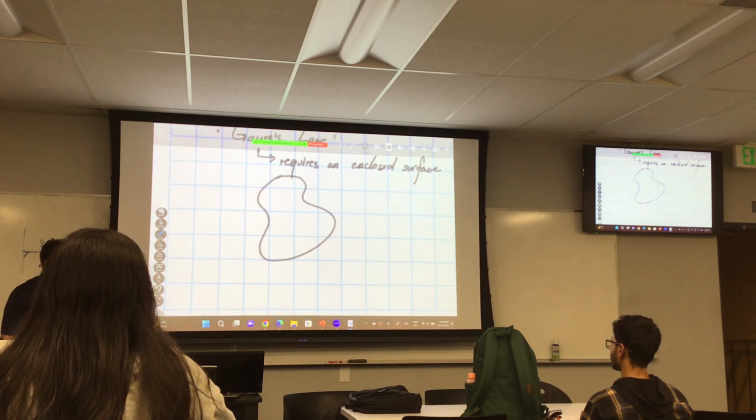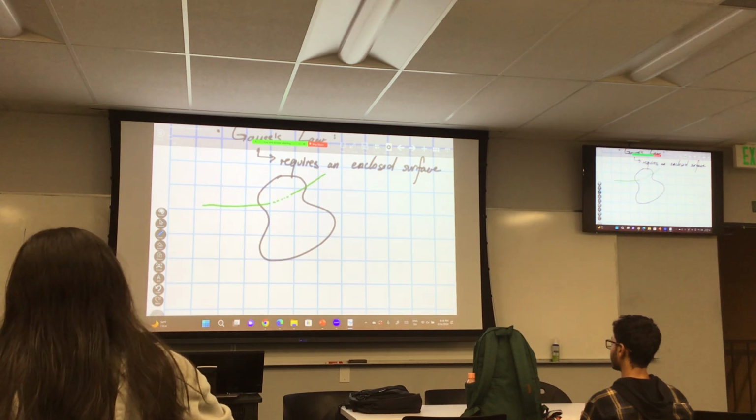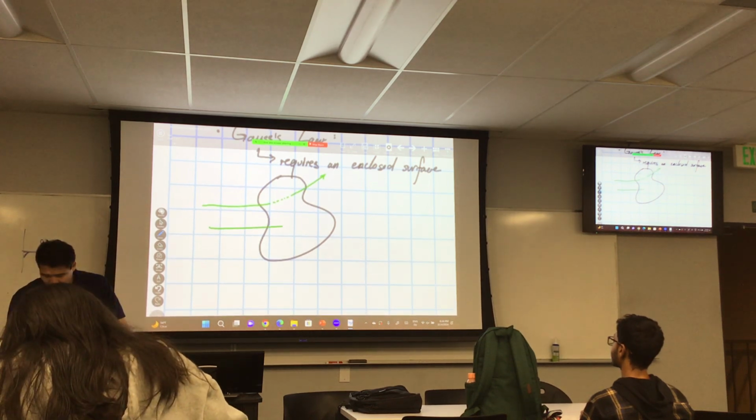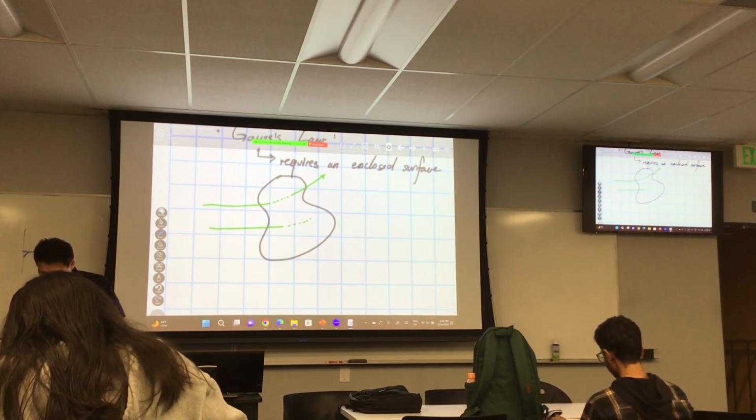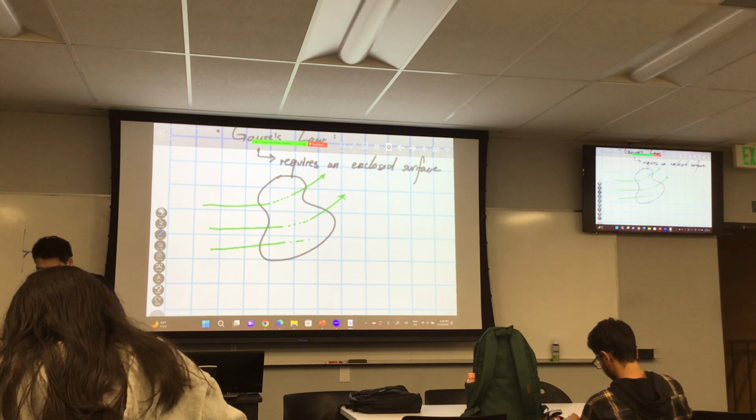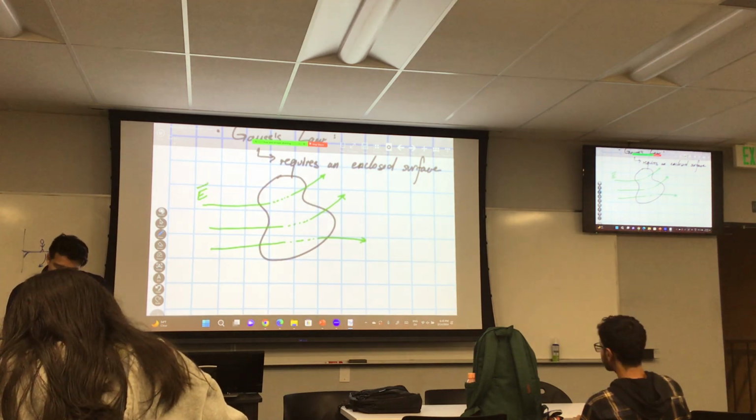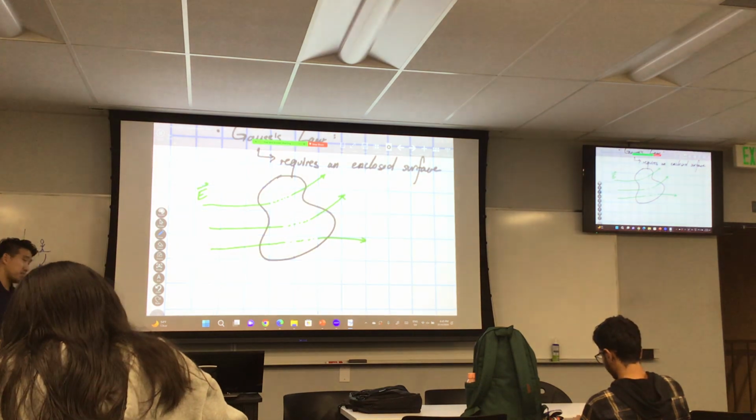And let's say there's electric field that comes in, enters, and then leaves again. These are the electric field lines.